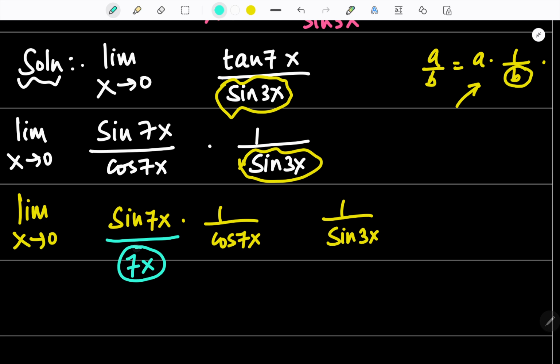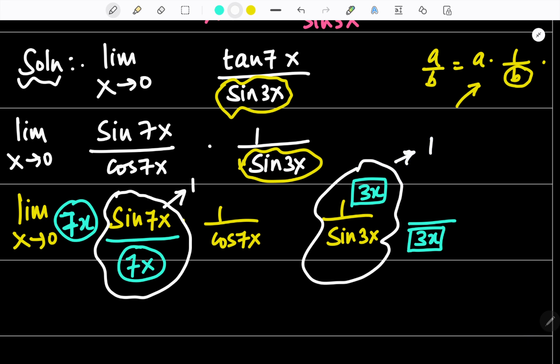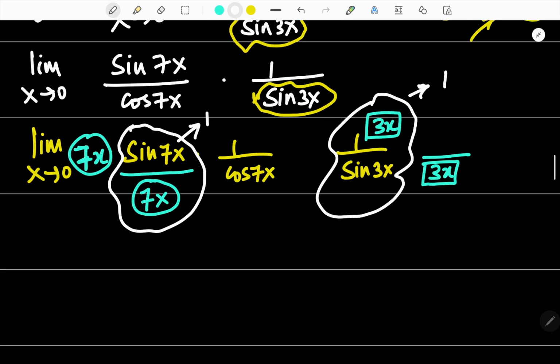So I divide by 7x, I multiply by 7x. Clear? I multiply by 7x. Finish. For this 3x, I need one 3x in the numerator and I need one 3x in the denominator so that the value is not altered. So now what happened? Sin 7x divided by 7x is equal to 1 and 3x divided by sin 3x is equal to 1 when the limit x tends to 0.